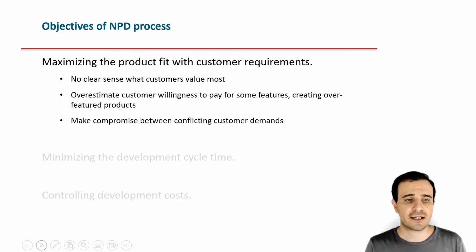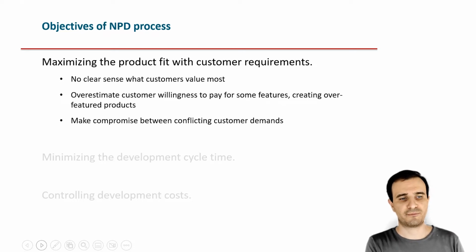One is that sometimes companies do not have a clear sense of what customers value the most. So when they create a new product, they can't really prioritize the most important features, or sometimes they even miss the real need of the customers.